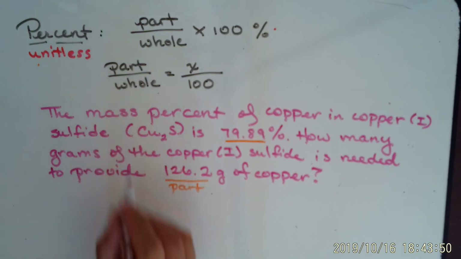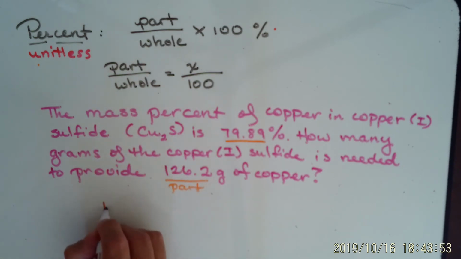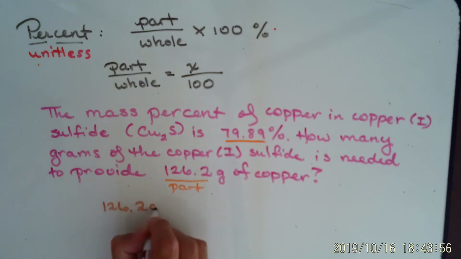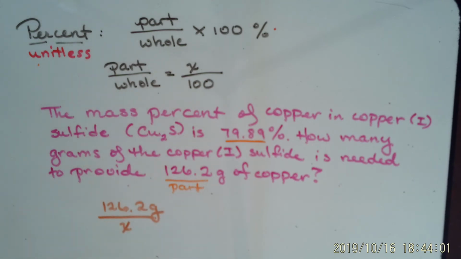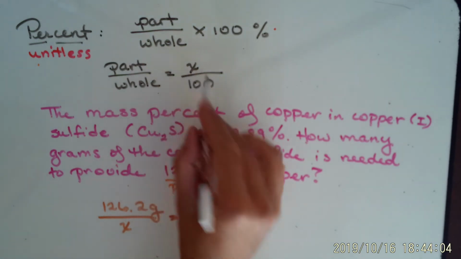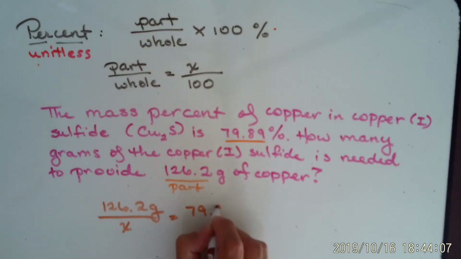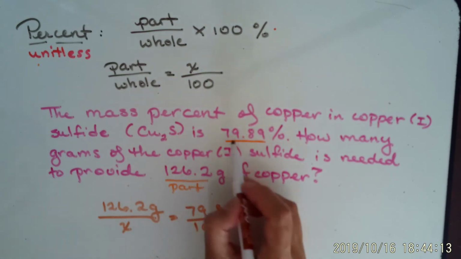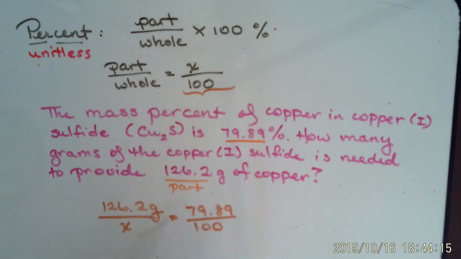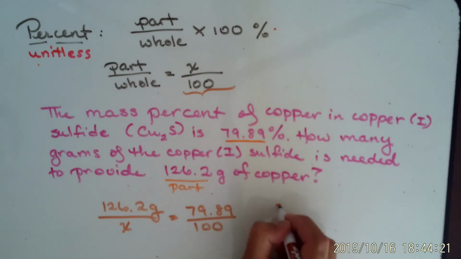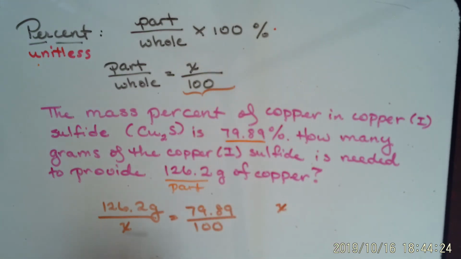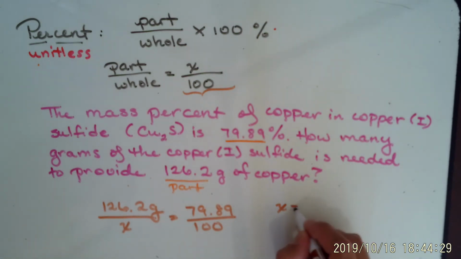We have the part, and we're looking for the whole, so I'm going to put X down here. And we know it's 79.89 divided by 100, because this is my percent, so that fits right here. Now all we have to do is solve for X. So multiply both sides by X, and then multiply both sides by 100 and divide by 79.89.